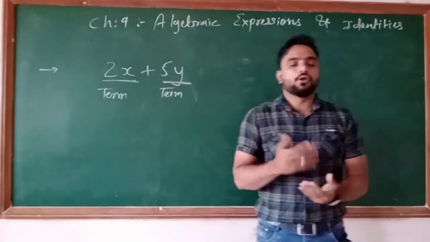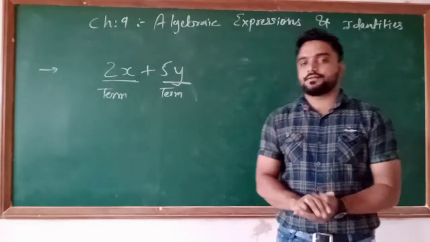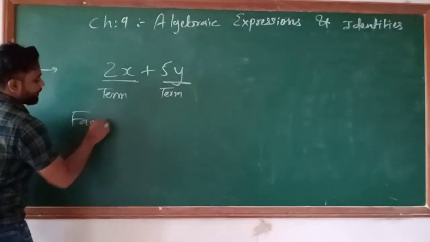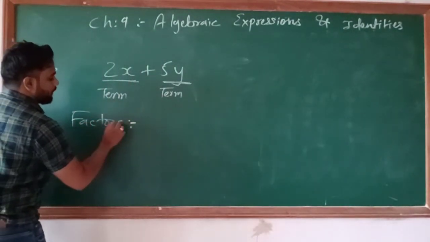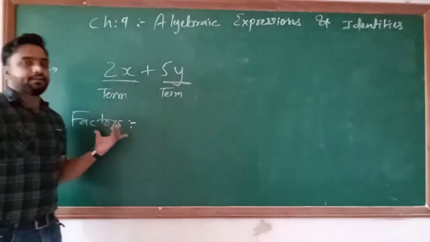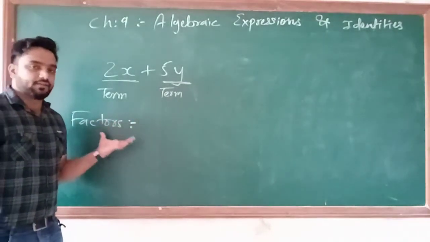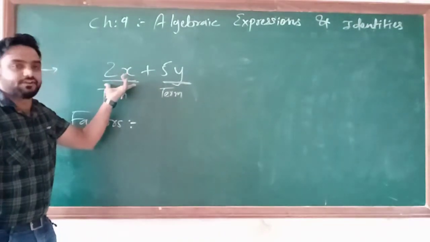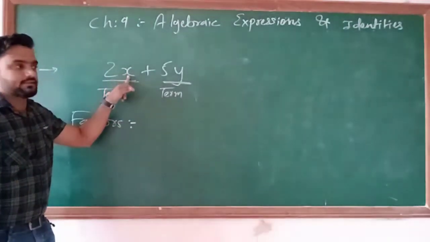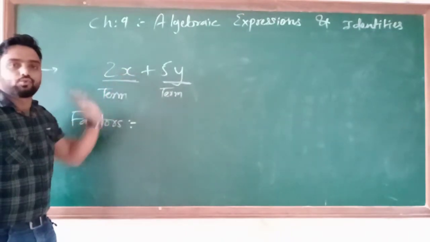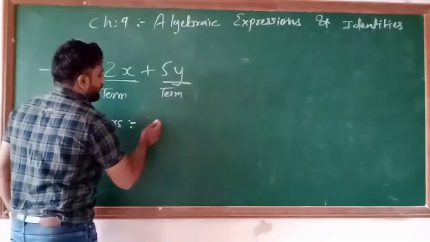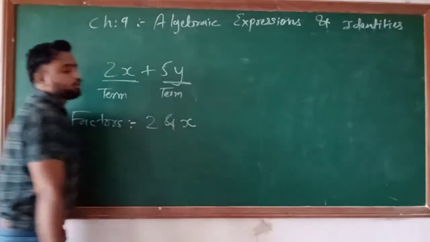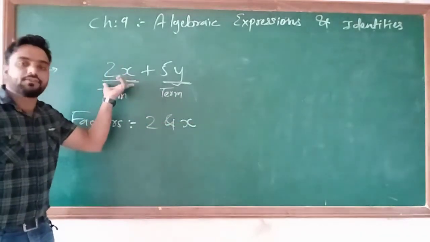Now proceeding further to the factors. What do we mean by the factors? While understanding the factors, just see here. I am taking the first term, which is 2x. So here 2 and x both are the factors of the first term.